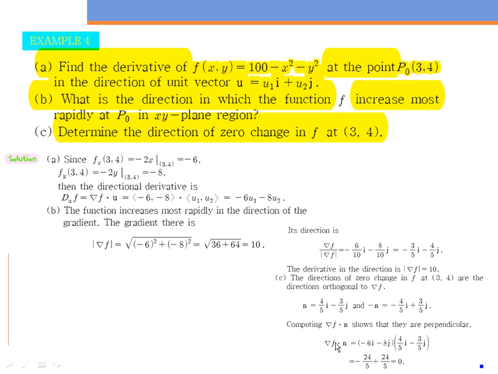And determine the direction of zero change in f at the point (3, 4), which means when the directional derivative is equal to 0. Okay, so we solve. That can be obtained when we multiply this normal vector with this gradient. The gradient is minus 6 and minus 8.